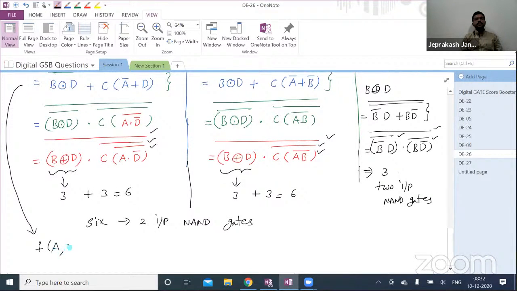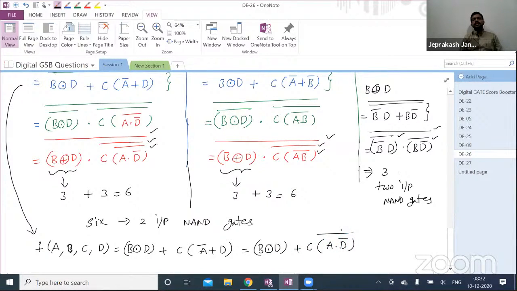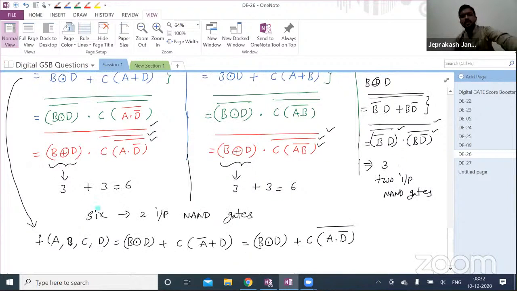F of ABCD equals B XOR D plus C into A bar plus D. So this one I will write as B XOR D plus C into (A D bar) whole bar.